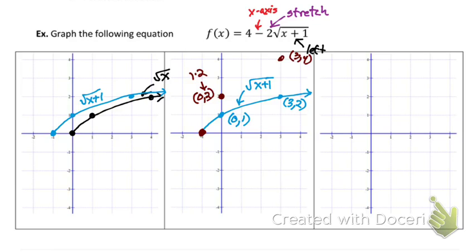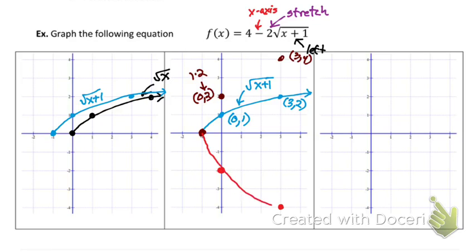So you're going to take all of these points that we did up here and reflect them down here. Once again, your origin point isn't going to move because there's no way to reflect that across the x-axis. This point, however, is going to come down to, rather than being 0, 2, it's going to be 0, negative 2. And then that point 3, 4 is going to turn to 3, negative 4.